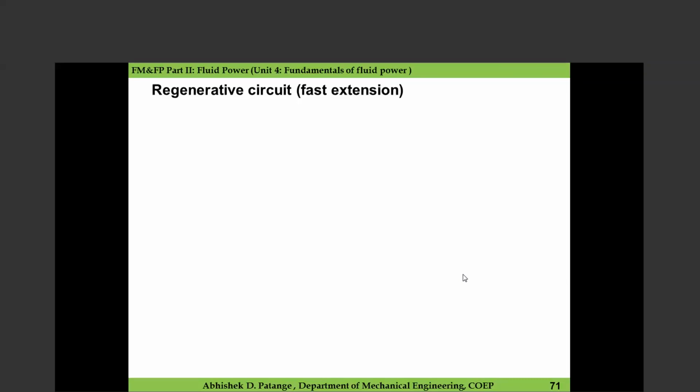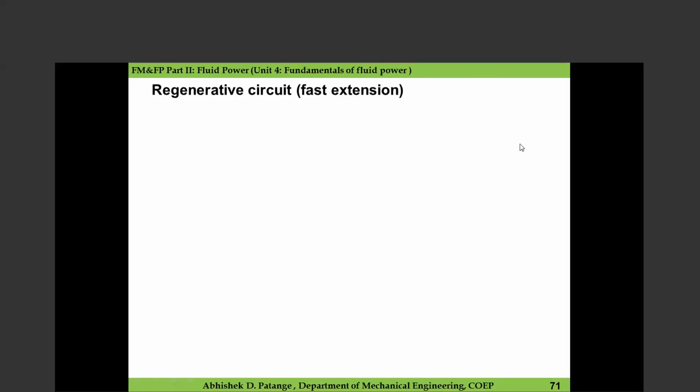Instead of doing that, in the regenerative circuit, the liquid available at the rod end will be again supplied to the outlet of the pump or to the pressure line. So that is why it is called a regenerative circuit.